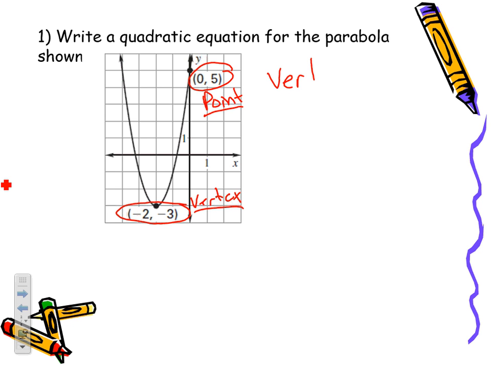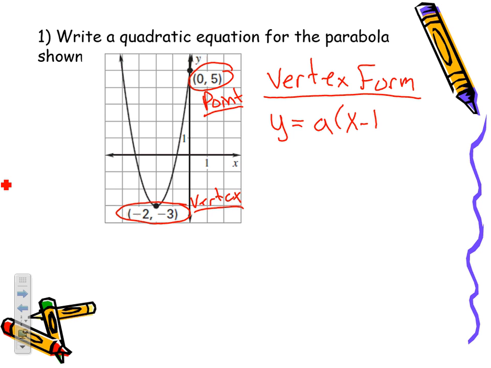So, if you do not remember, vertex form is y equals a times the quantity x minus h squared plus k. Now, remember our vertex, this is our h, this is our k, and now in our point, we have x and y. So 0 is my x, 5 is my y.